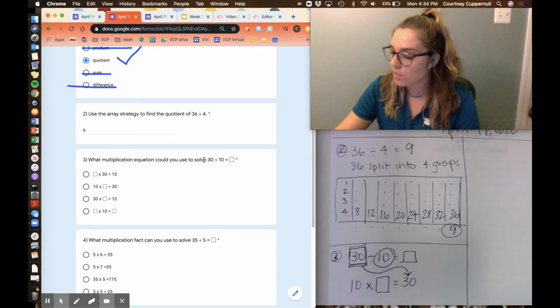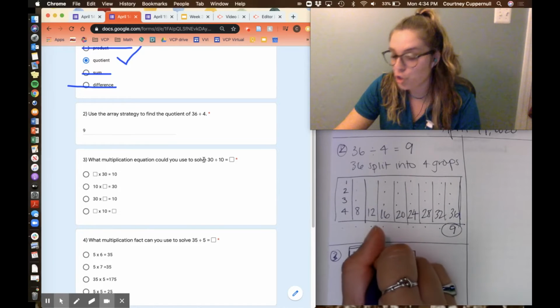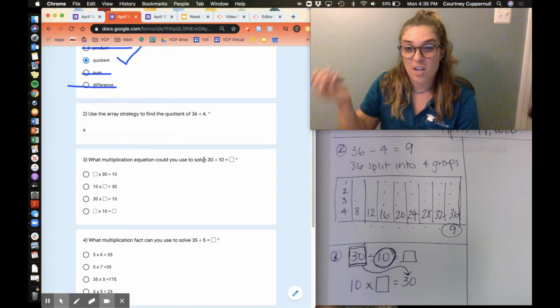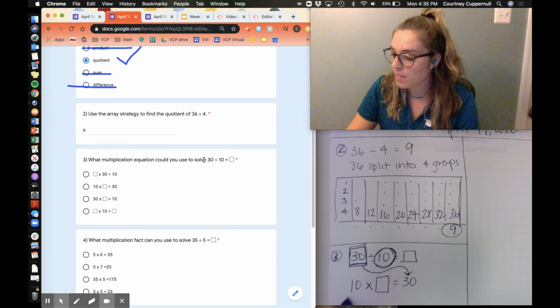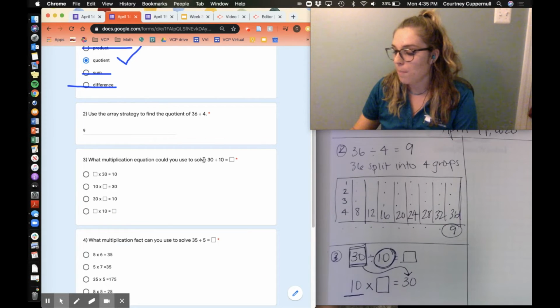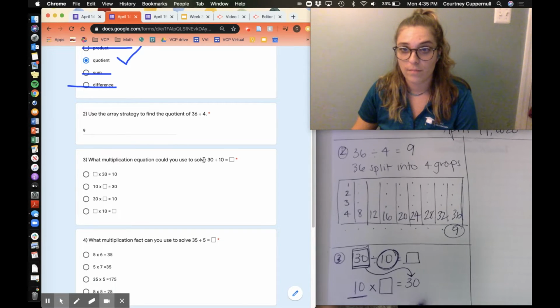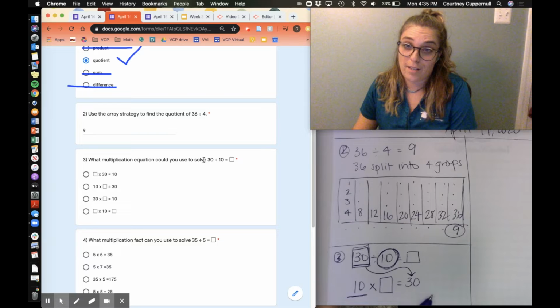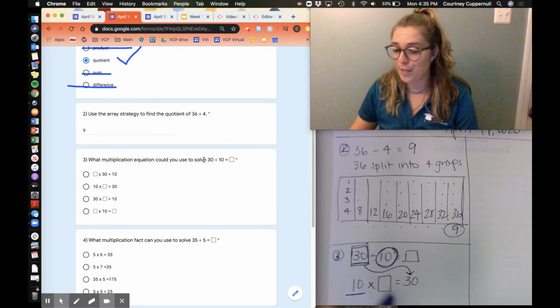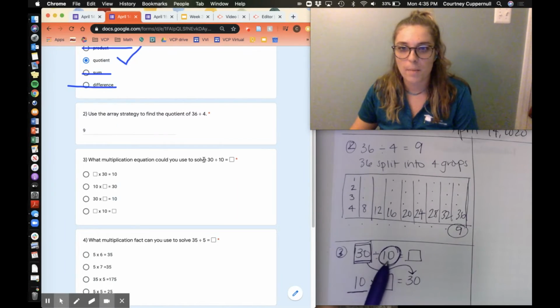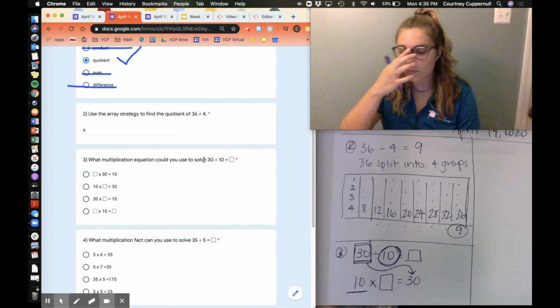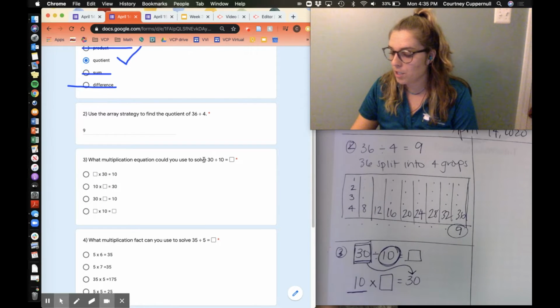Now, since 10 is my factor that I do know, it's the number of groups that I'm splitting 30 into. That's going to go first in my number sentence, because when I read this like a mathematician, I would read 10 groups of something equals 30, which is the exact opposite of 30 split into 10 groups equals some amount in each group. So let's see if there's an answer choice that matches this.